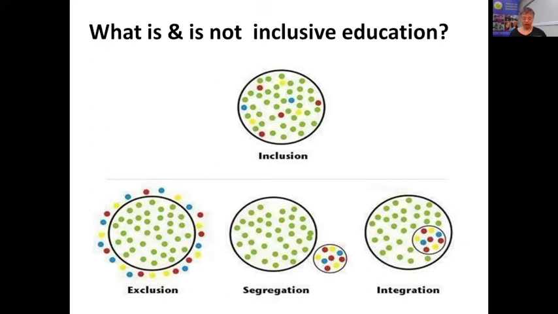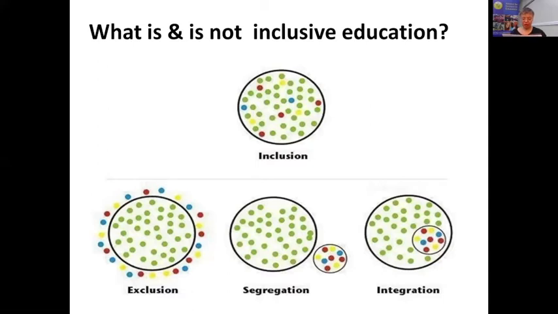The first image I am referring to is exclusion, which consists of non-disabled pupils and students represented by the green dots inside the circle. Again, you will notice on the slide that disabled pupils and students represented by the blue, red and yellow dots are placed outside the circle, which represents the exclusion of disabled pupils and students from mainstream education.